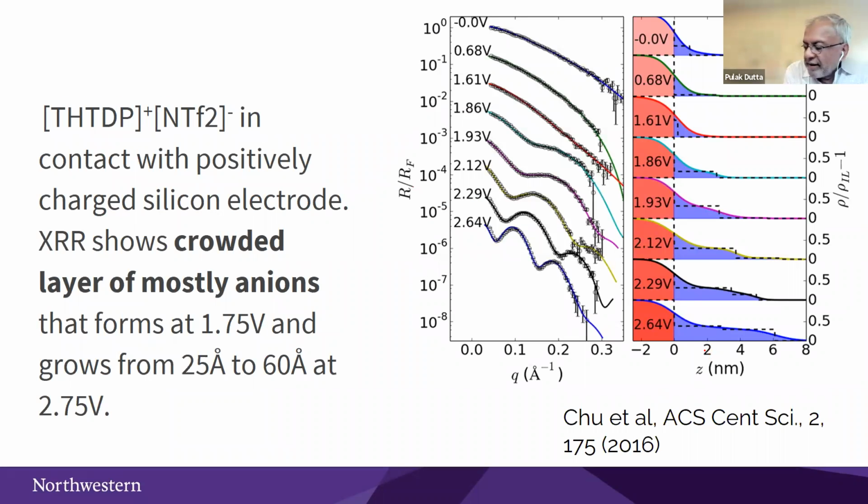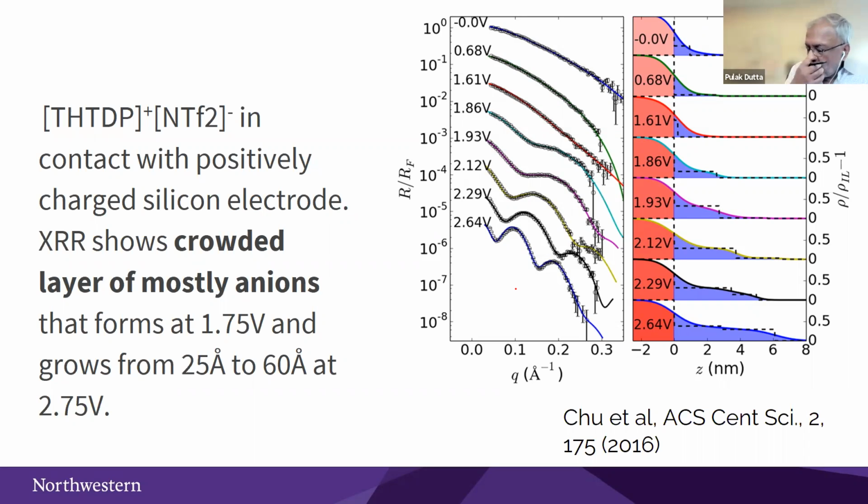So here's some data. The first thing I want you to notice is that the minima we're talking about are at a much lower Q, okay, 0.1, 0.2. And what you can see is that at that Q, we don't see anything at 0.5 volt and 1 volt and 1.5 volt, 1.6 here and so forth. But then we start developing this smaller Q structure, which of course means a larger real space distance.